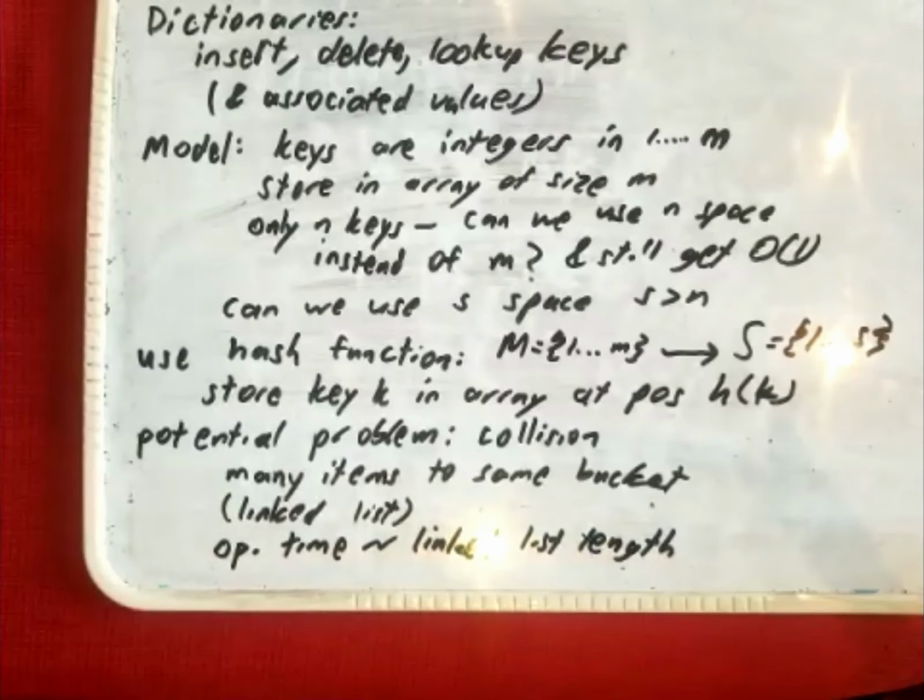I mean, you could make it a little better. You could put a binary search tree there instead of a linked list. But if the number of items that lands in a bucket is large, then the access time is going to exceed a constant.